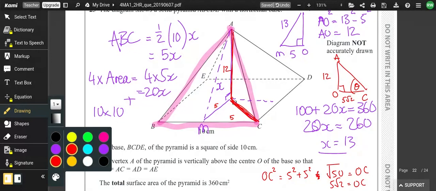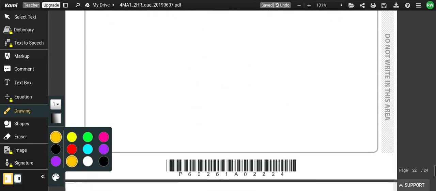Opposite and adjacent, so we're going to use tan theta is equal to the opposite 12 over the adjacent 5 root 2. So I do shift tan of 12 over 5 root 2, and I get 59.5 degrees to 1 dp, or 3SF, whatever, it's 3SF, yeah, 59.5.